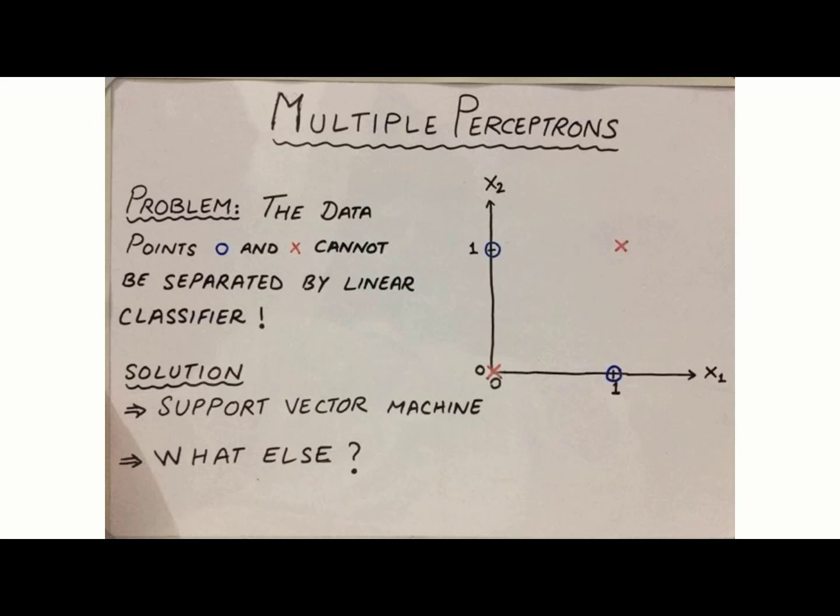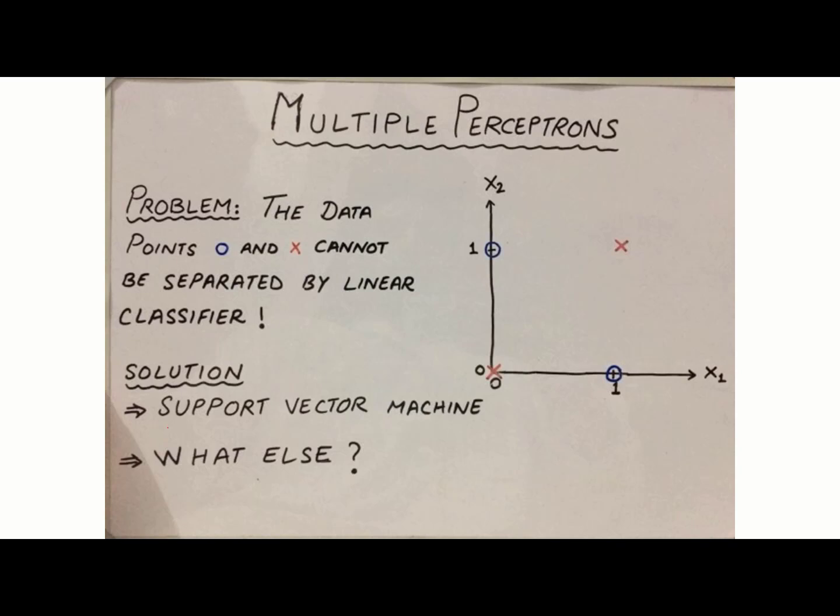Obviously, one can see that it is difficult to define a boundary using a linear classifier that can help us learn this function. So in other words, there cannot be a straight line which can separate these blue circles from the red crosses, and therefore this cannot be learned by a single perceptron.